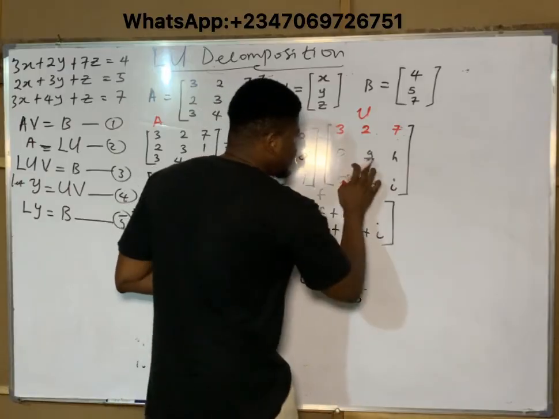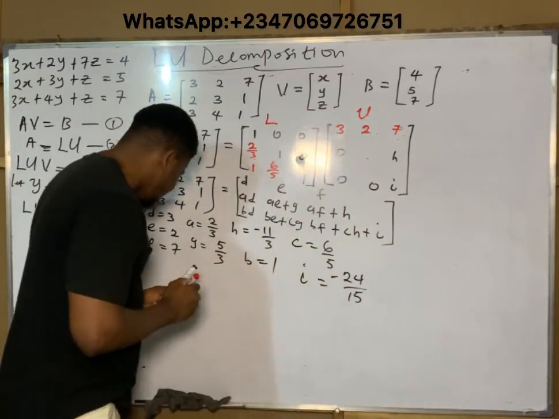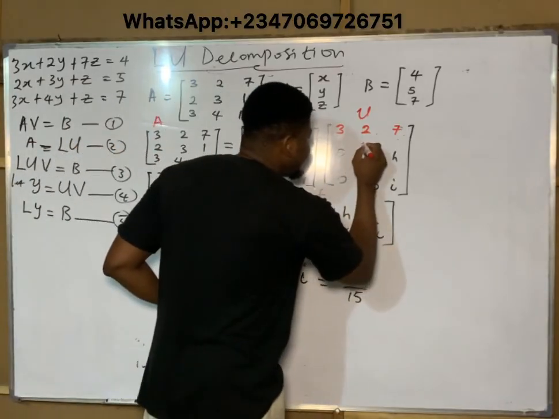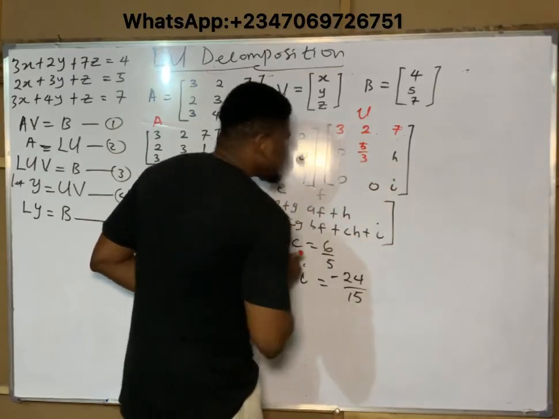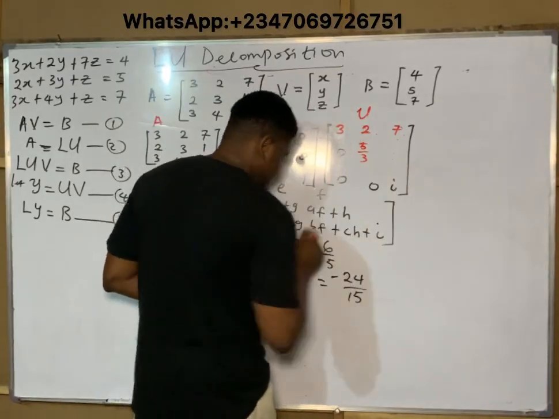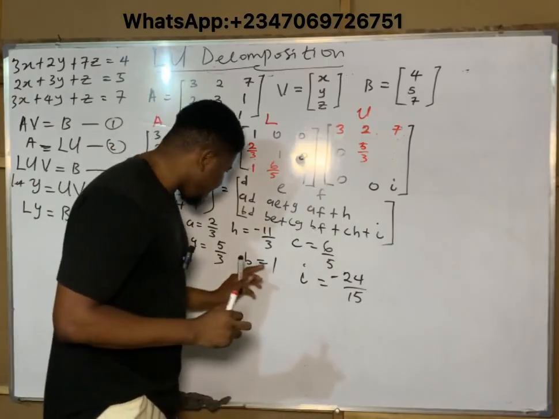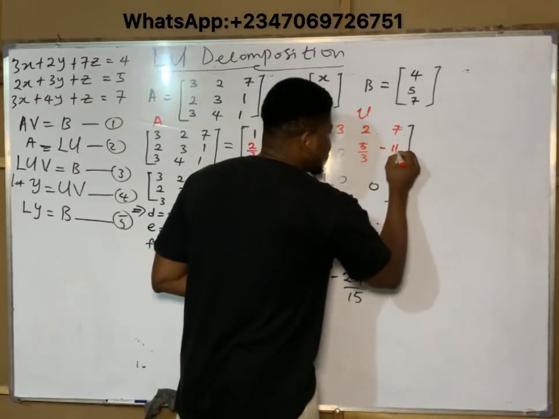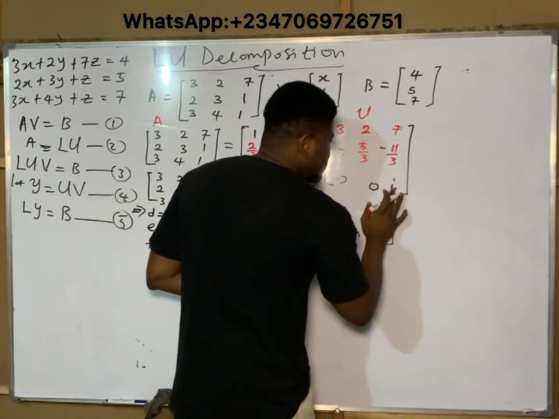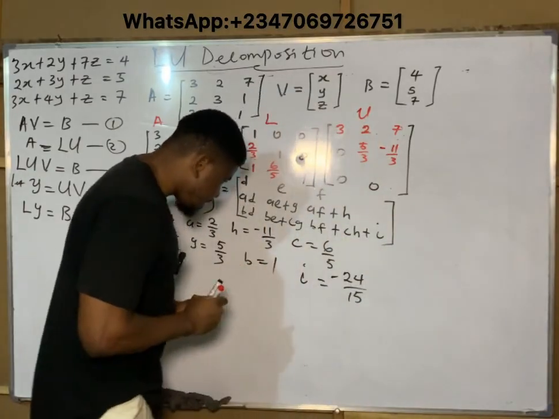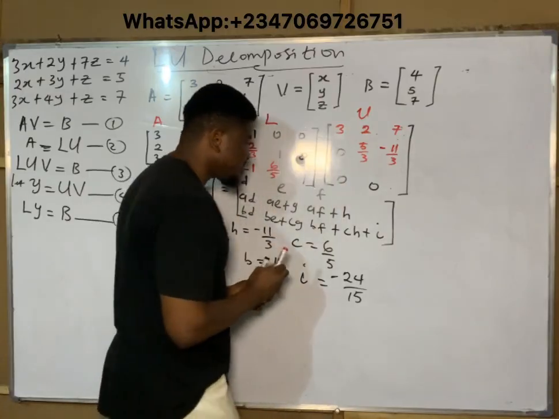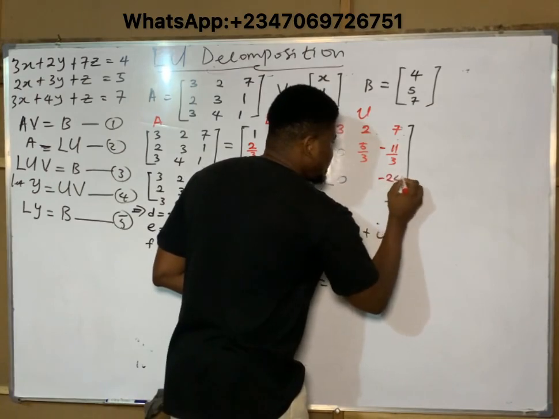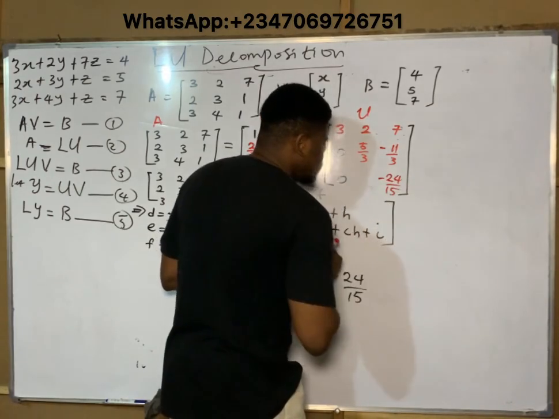Then I have G. G gave me 5 over 3 from here. So I have 5 over 3. Then I have H. H gave me negative 11 over 3. And finally I. I gave me negative 24 over 15.